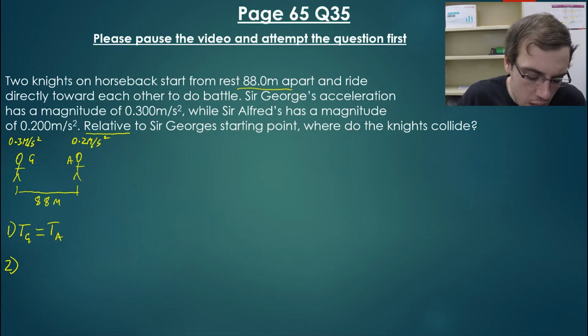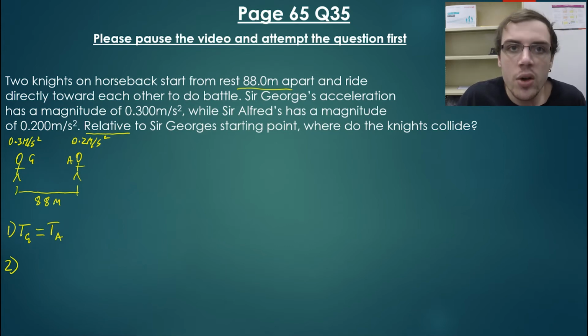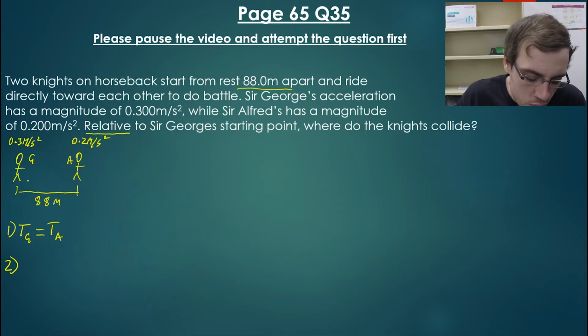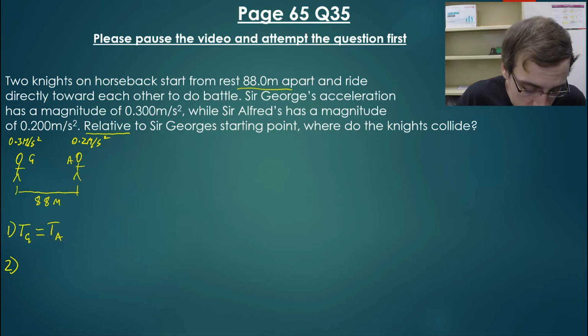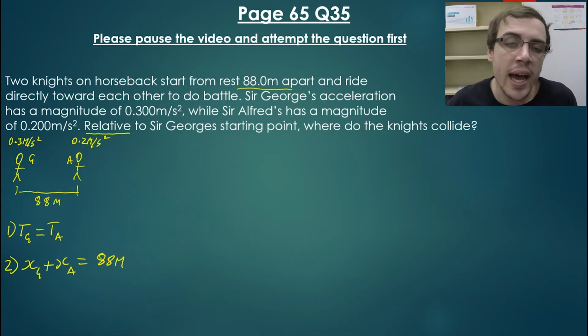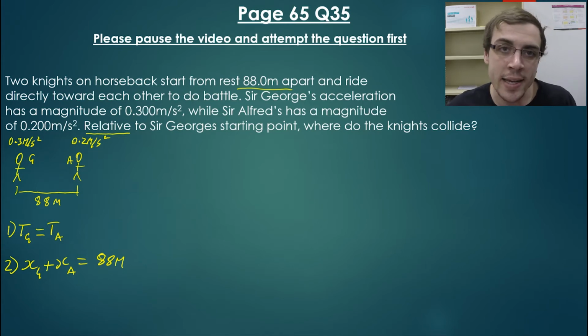So we know that both of these two are going to run a certain distance, which we don't know, that's what the question is asking us, but we know the combination of how far George runs and how far Alfred runs is going to equal 88, because they need to clash, they need to hit. So we now know that if we add both of their displacements together, we will get 88 meters.